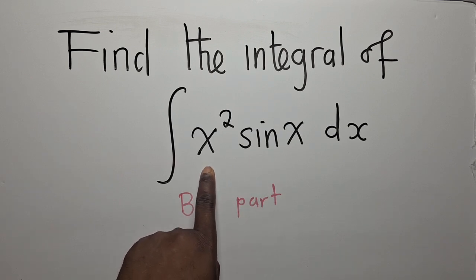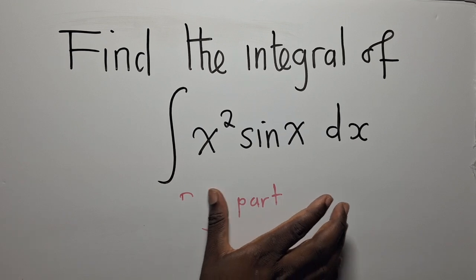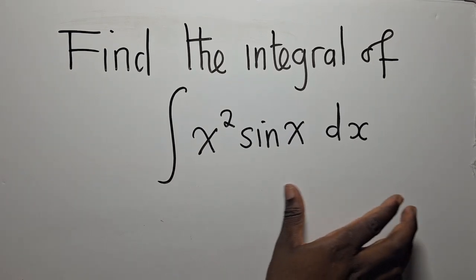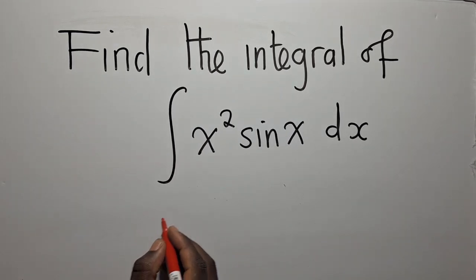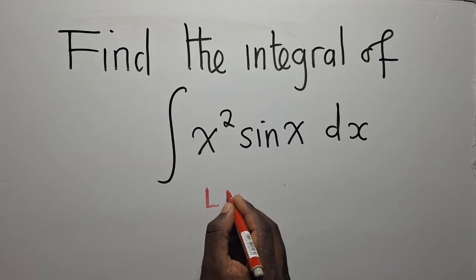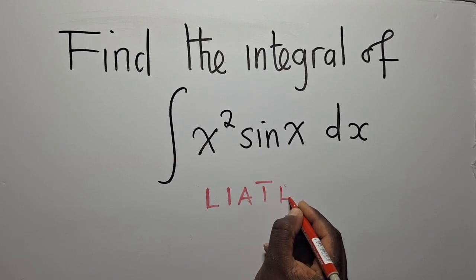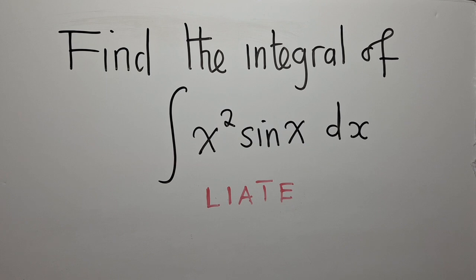One of them will be u, the other one will be dv. Let me just try to break it down for you. You need to use this mnemonic right here to help you identify which one must be your u and which one must be your dv.